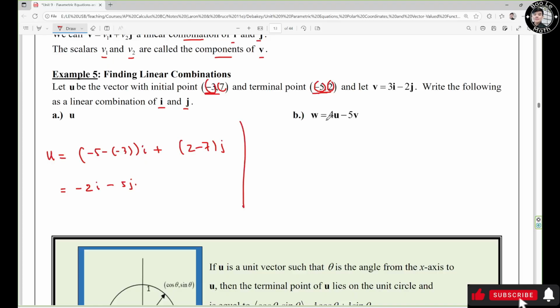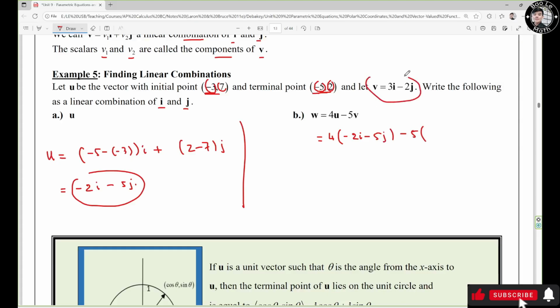Now question B. Vector w is 4 times vector u minus 5 times vector v, right? So this guy turns out to be 4 times this one right here, negative 2i minus 5j, minus 5 times vector v.